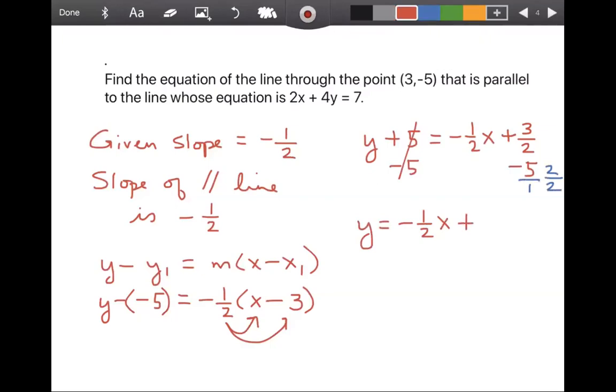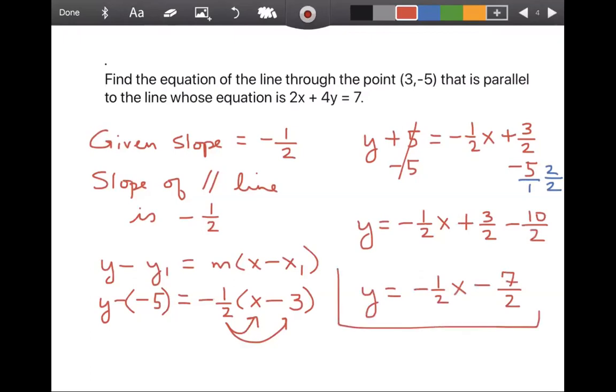So we get plus 3/2, and then instead of writing -5, I'm going to write -10 over 2. So my final answer will be y equals -1/2 x minus 7/2. All right, and that's how you do that kind of problem.